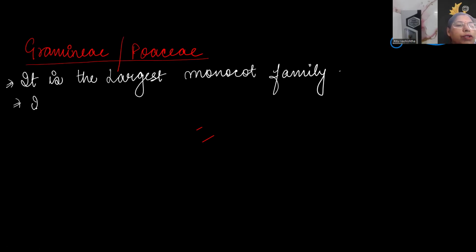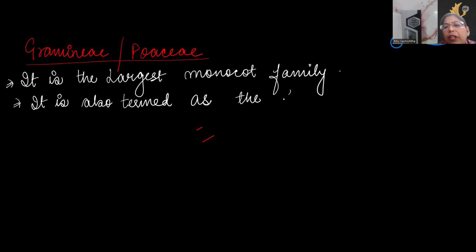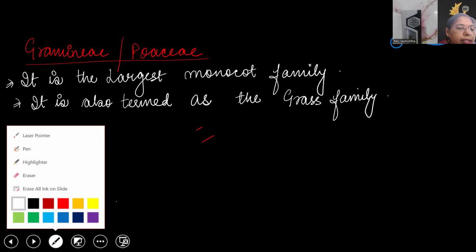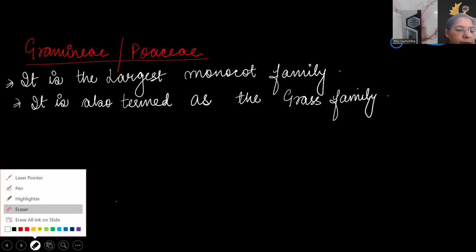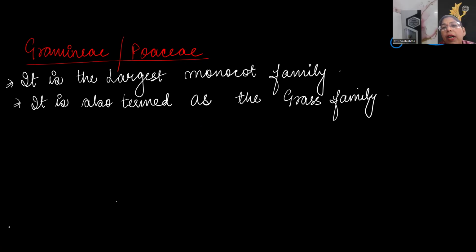It is also termed as the grass family, like Cynodon, Dactylon, in general, the doob, the term which we use for this. So it is also known as the grass family. And you will find that the cereals, means wheat, rice, maize, barley, jowar, all these belong to this family. So we also term it as the cereal family.